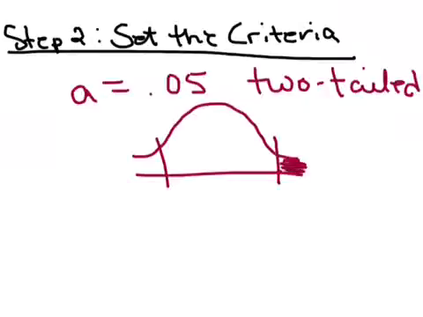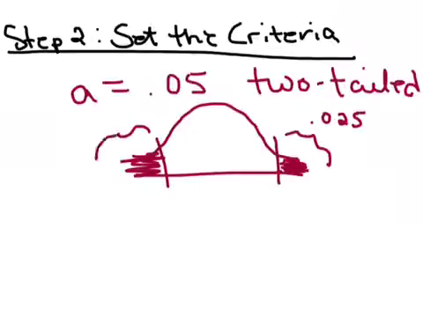Over here is half of 5%, and over here is half of 5%. So over here is 0.025, because 2.5% is half of 5%. Over here we're going to have 0.025.